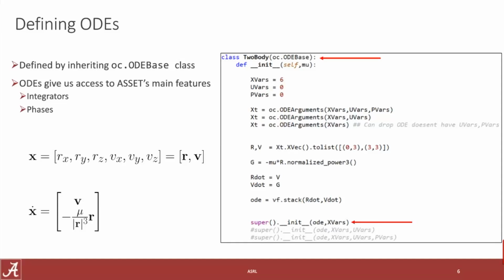So where does the time variable live? Is that a parameter in the ODE base class? How would we pull the time? Yes. As soon as you allocate a vector from your ODE arguments, it's adding time to it.